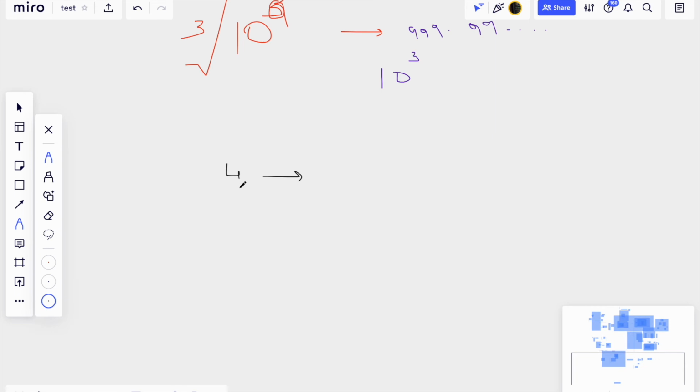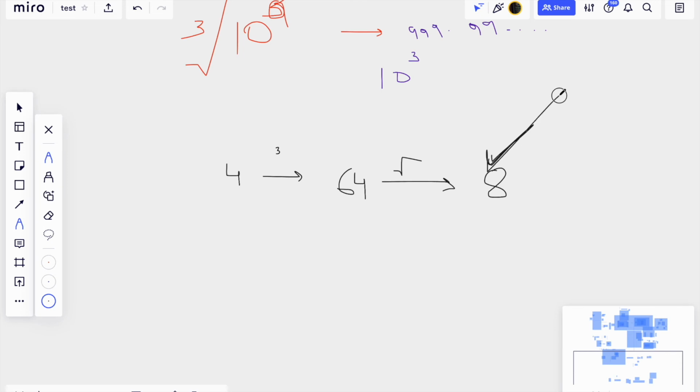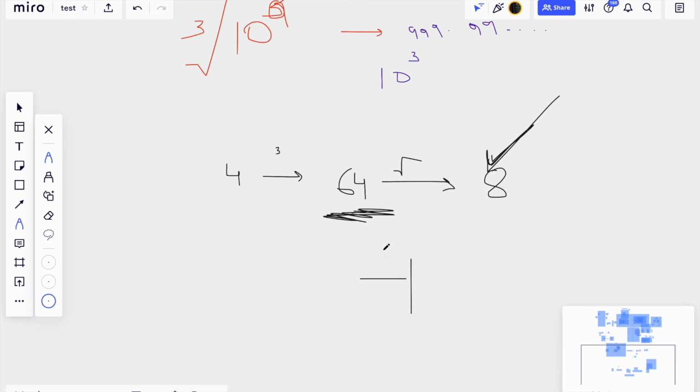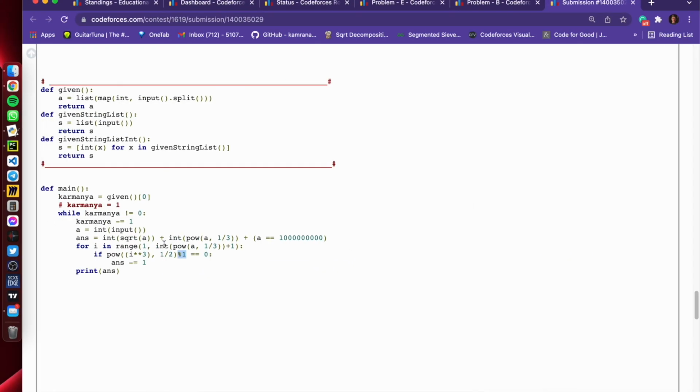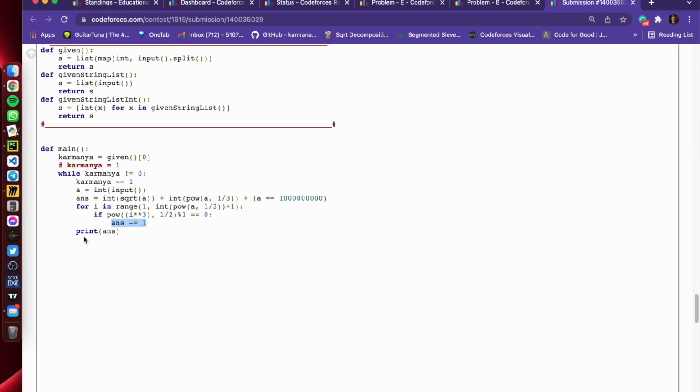Suppose it's 4, and I take the cube of that number, which is 64, and then the square root of that, which gives me 8. If this is an integer, then it won't be counted twice, and 1 will be subtracted from the answer. Percent 1 equal to 0 checks for the integer, and I'll print the answer.